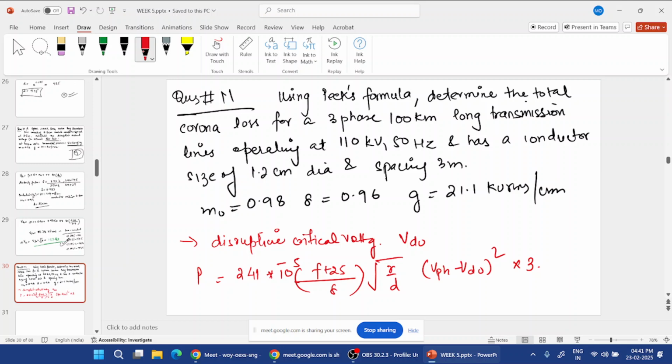But this formula's unit is kilowatt per kilometer per phase, and we have to calculate the total. So we will multiply it by 100, which is the length of this transmission line. Now it will be the total corona loss.